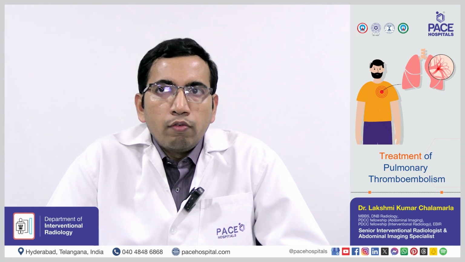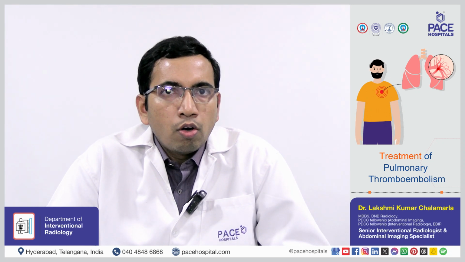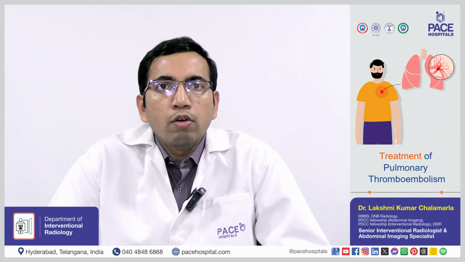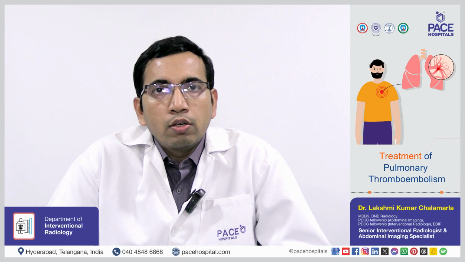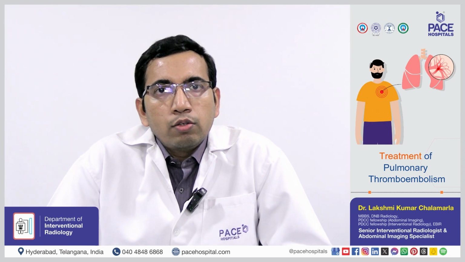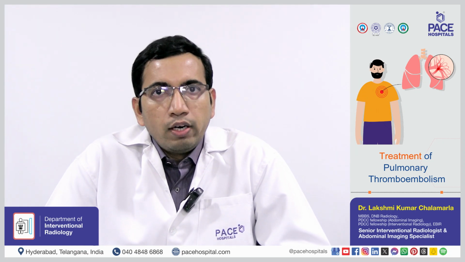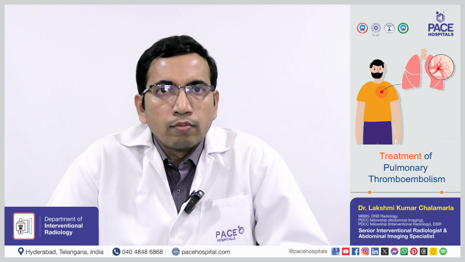Once we reach the level of the block, we may inject the thrombolytic, or with the help of the catheter suck out the thrombus, or with our special catheters break the clot, and thereby restore the circulation in the lungs to normal. So this is the role of an interventional radiologist in the treatment of pulmonary thromboembolism.